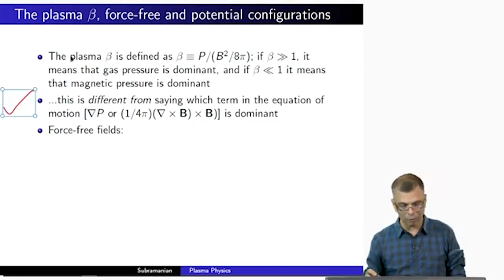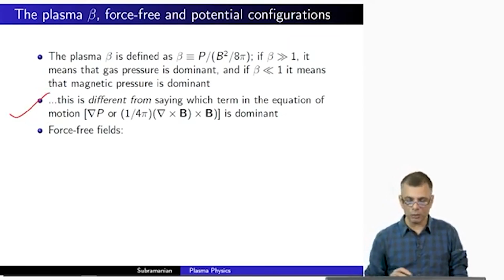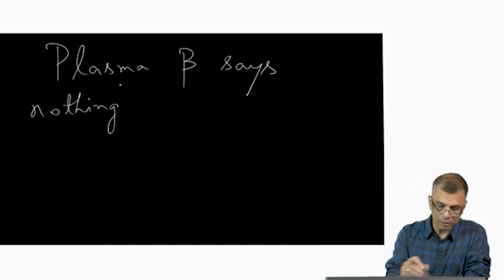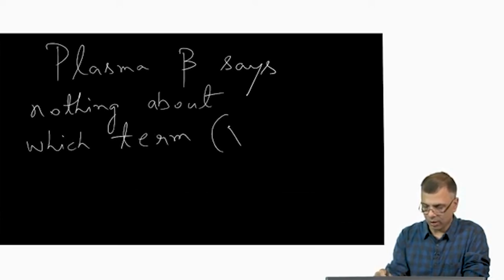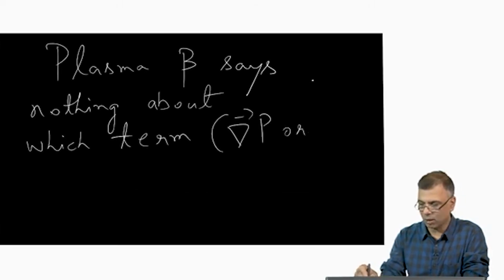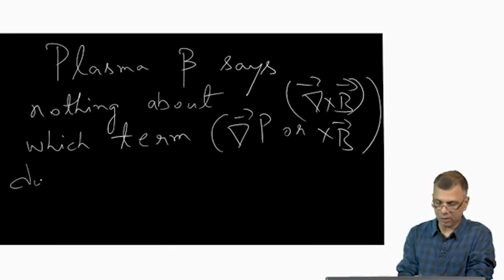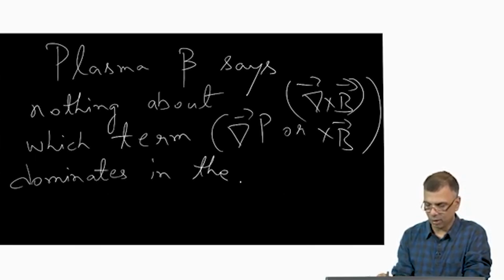You will see discussions of plasma beta all over the place. Everybody talks about plasma beta, which is fine, but it is important to recognize that the plasma beta says nothing about which term, gradient of P or curl B cross B, dominates in the momentum equation.